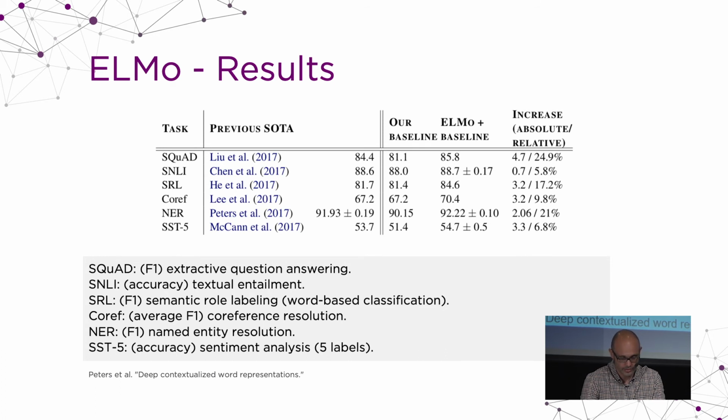So they use one model to solve these tasks on the left, and then they use Elmo plus the same model to solve the same task. And you can see how now they increment the results for all the tasks. So you can see that really this idea of having contextualized embeddings is helping.